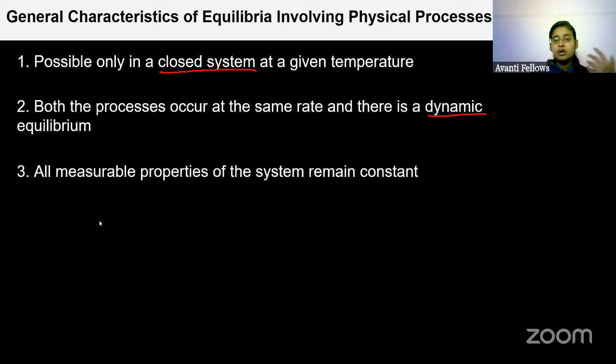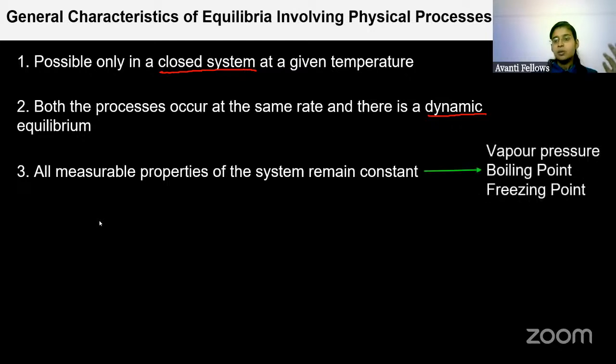What are those measurable properties? Vapor pressure, boiling point, freezing point, melting point. All the measurable properties remain constant for that particular equilibrium. It will not change. For example, if I take the liquid-gas equilibrium, the boiling point will not change.